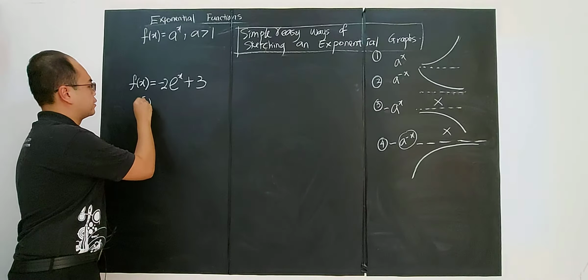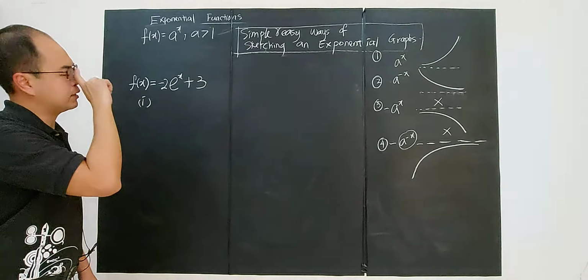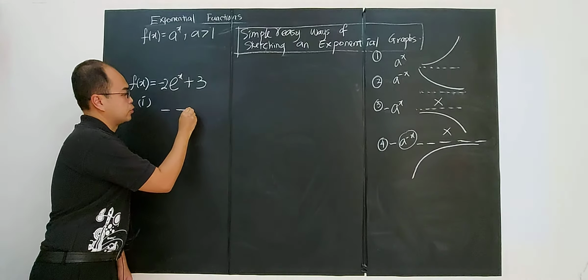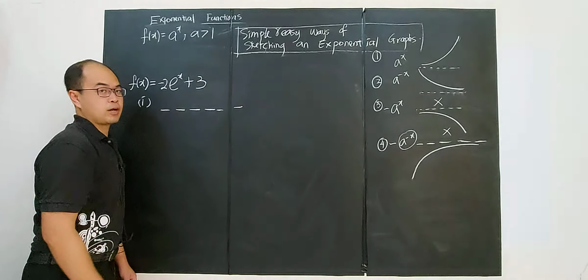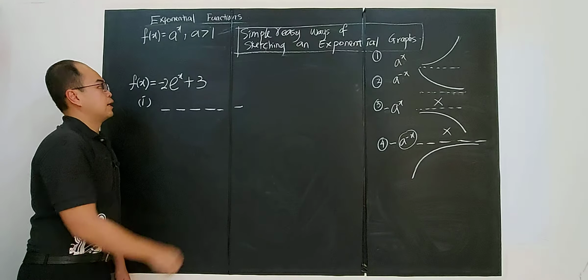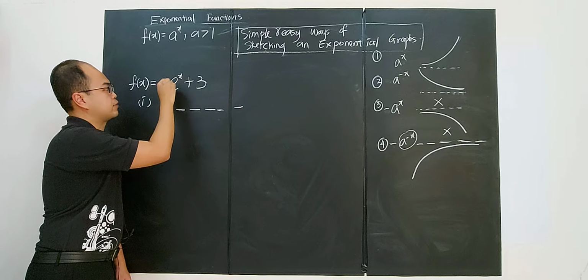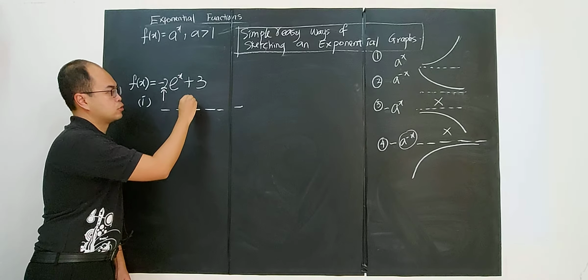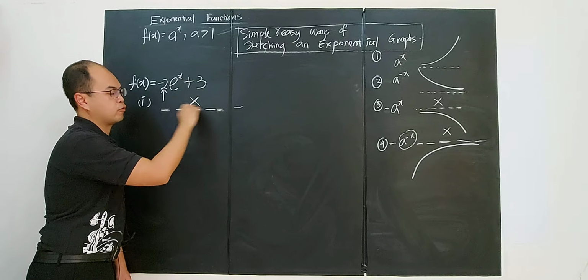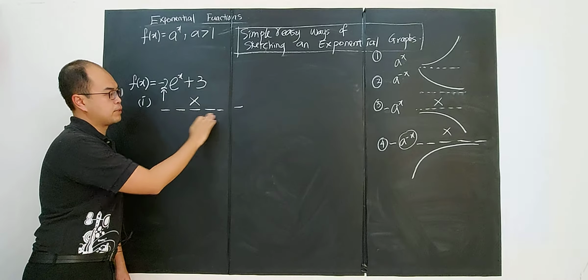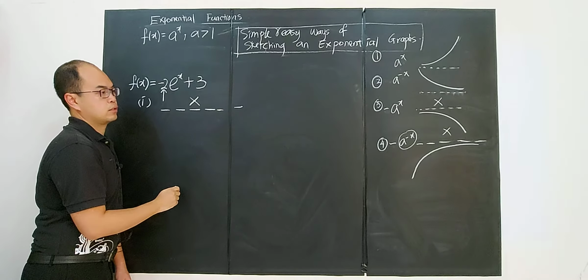So step 1, I go again. In step 1 here, you know there is a horizontal asymptote for an exponential function. And you look, there is a negative in front of the exponential function. So the graph will not be on top of the horizontal asymptote. It will be below the horizontal asymptote, right?